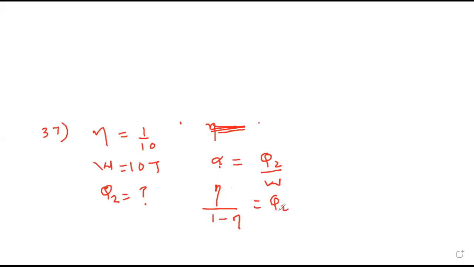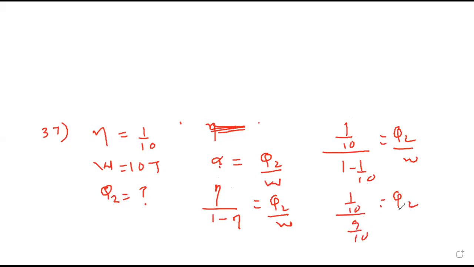This is Q2 upon W. So 1 by 10, 1 minus 1 by 10 is Q2 upon W. Mistake, okay? It is 1 minus eta upon eta.